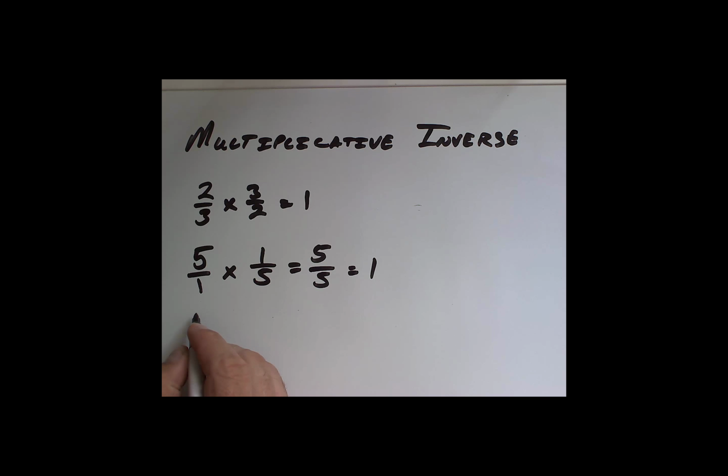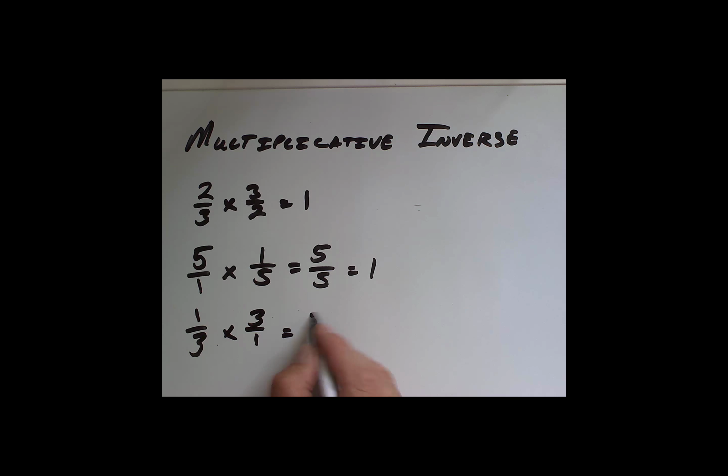Same holds true if we had something, let's say, like 1/3. What is the multiplicative inverse of 1/3? Well, we know if we switch these around, the denominators and numerators, we would have 3/1, or 3, and if we multiplied those together, that would be 3/3, which equals 1. These are multiplicative inverses.